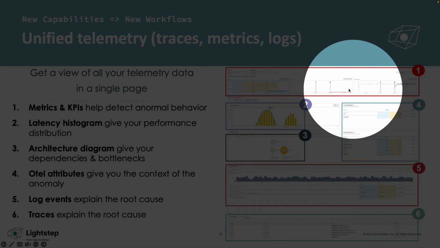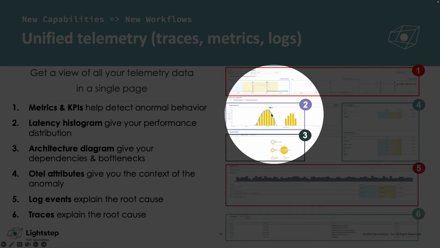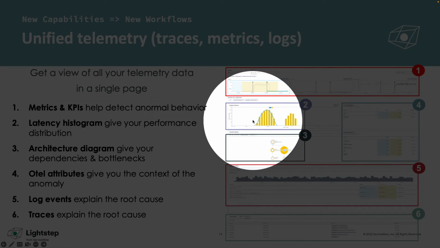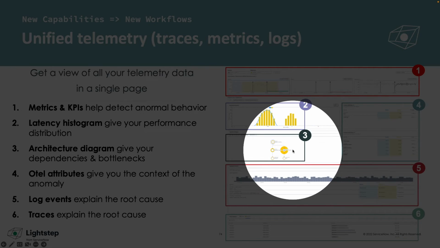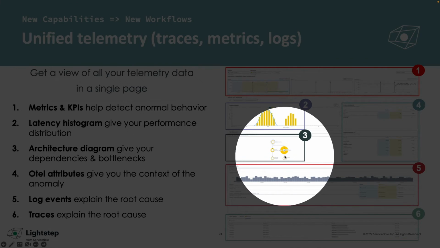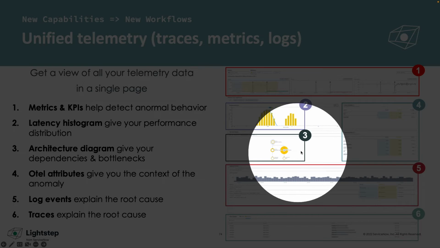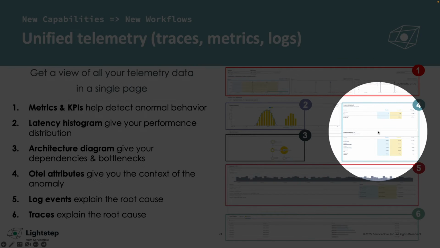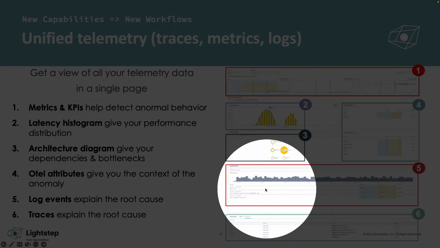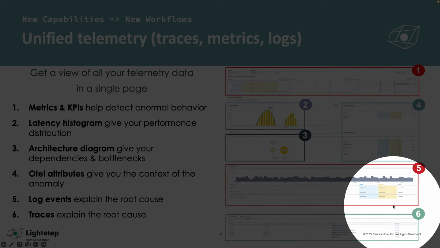But also, you've got your latency histogram, because performance is a key indicator. You've got your architecture diagram, where you can click on any layer, any operation, and you've got your context information. And at the bottom, you can see the logs and the traces.